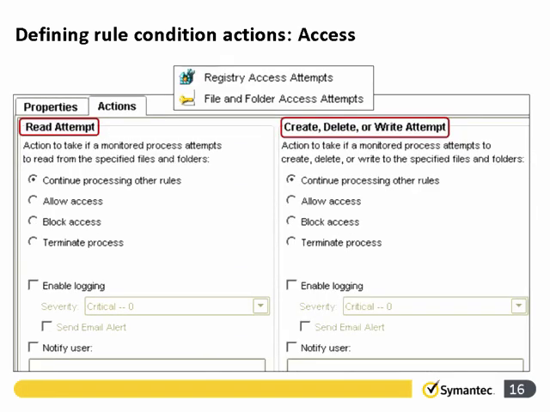So here we're defining the rule condition actions for access. On the left-hand side, we can define what to do if a read attempt was made. Here we can continue processing other rules, or block, or allow, or terminate. And on the right-hand side, we can control the create, delete, or write attempt in the same way.